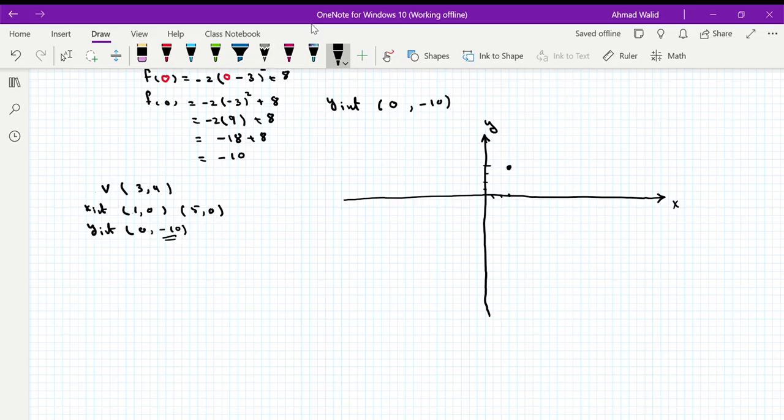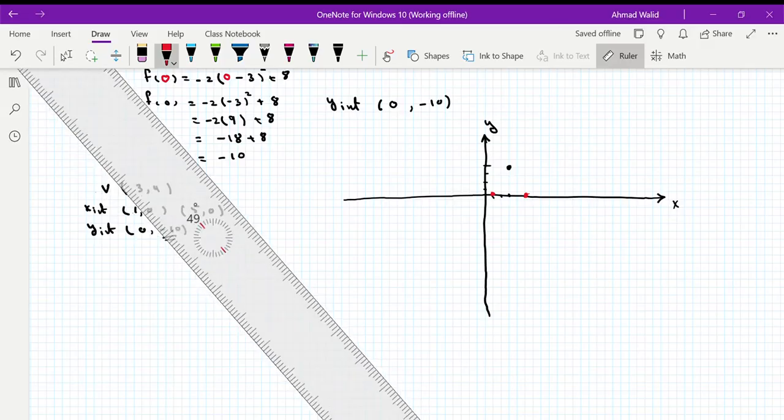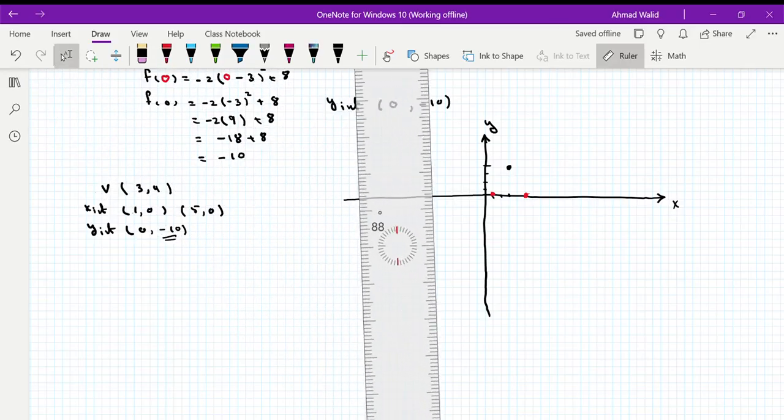That's your vertex. Now, x-intercept (1, 0), x 1, y 0. This is the x-intercept, the red point. And (5, 0), 3, 4, 5, this point. These are the x-intercepts. I always told you to draw the axis of symmetry from the vertex, correct?